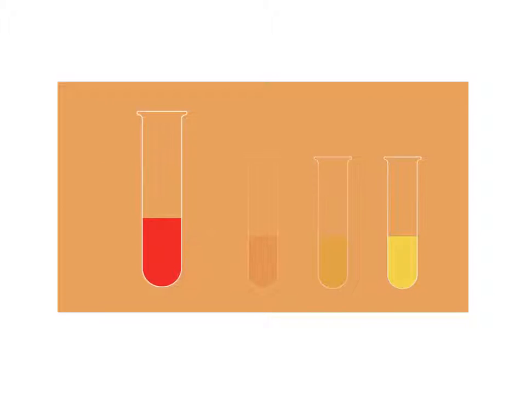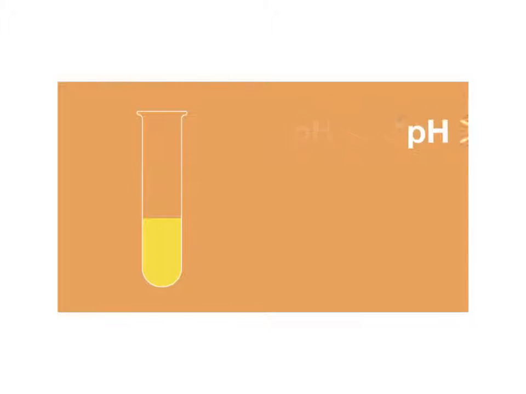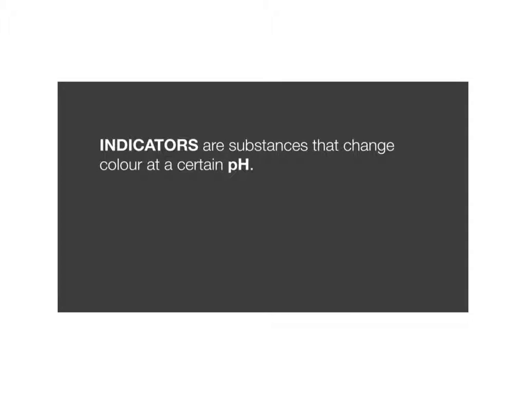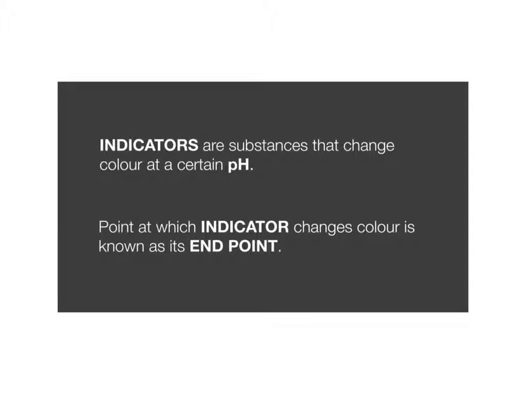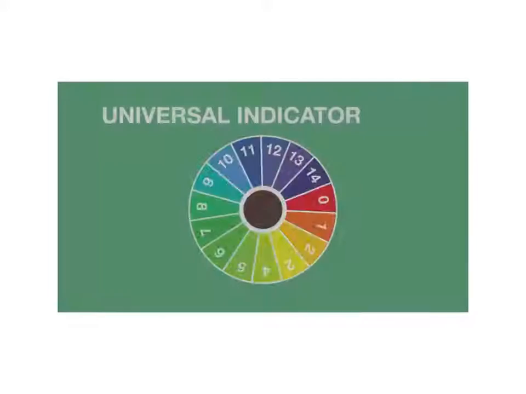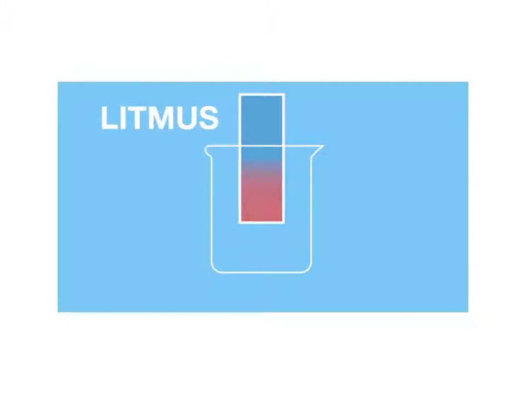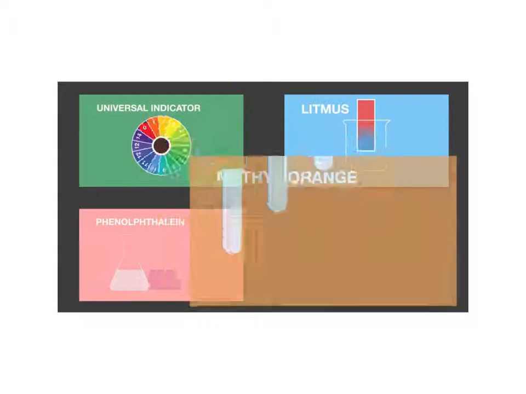It is red at a pH lower than 3.1 and yellow at a pH higher than 4.4. In conclusion, indicators are substances that change color at a certain pH. The point at which an indicator changes color is known as its endpoint, which can be at any pH. Very common indicators that you will encounter are universal indicator, litmus in the form of litmus paper, phenolphthalein, and methyl orange.